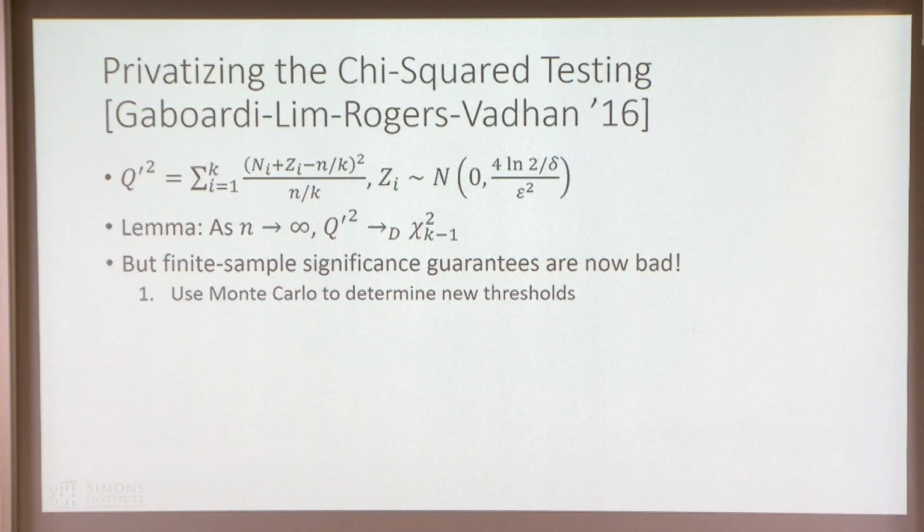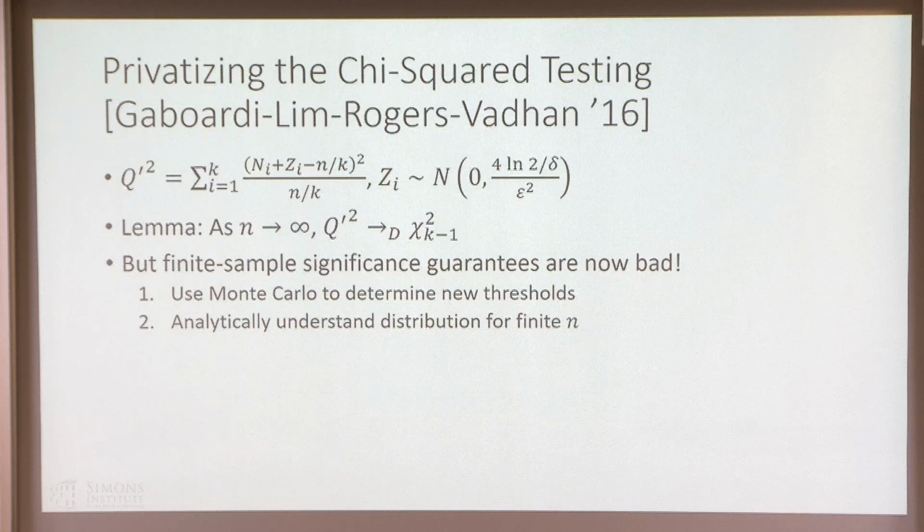There are two possible ways which they explore in this paper, which that figure was also from. One way is to use Monte Carlo to determine new thresholds. That is, just sample the statistic yourself, essentially simulating samples from the uniform distribution to see how it behaves, and you can find the right place for the statistic threshold to get the right significance.